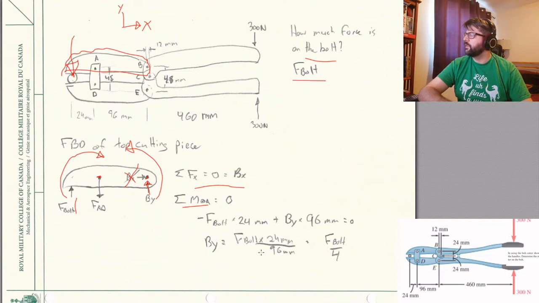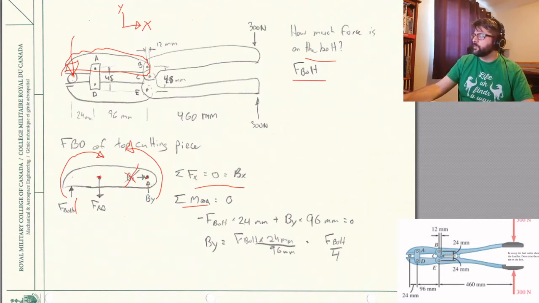So the magnitude of By, we can relatively easily solve for. That's just going to be the force in the bolt times the 24 millimeters divided by 96 millimeters. So 1/4 of the force in the bolt is the By reaction there. So that's on this one.